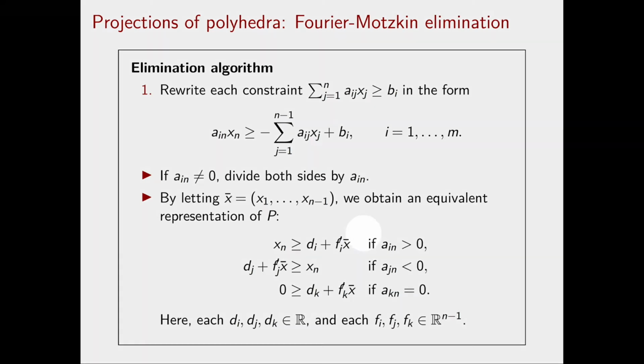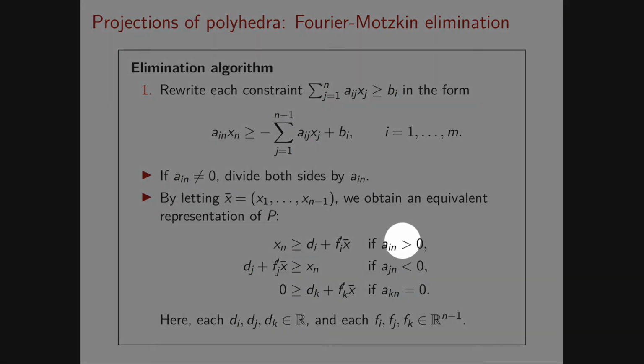So as we said, if a_in is positive, we have an inequality of the form x_n greater than or equal to the remaining part of the inequality, which we can simply write as f_i transpose x bar plus d_i. If a_jn is negative, then the inequality takes the form x_n less than or equal to f_j transpose x bar plus d_j.